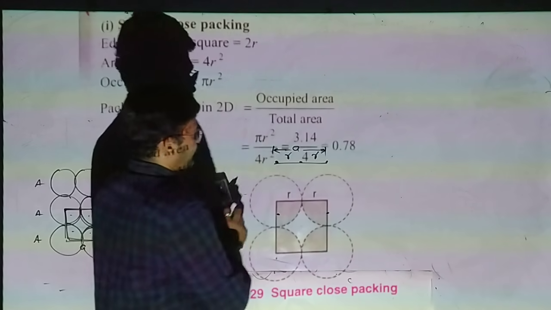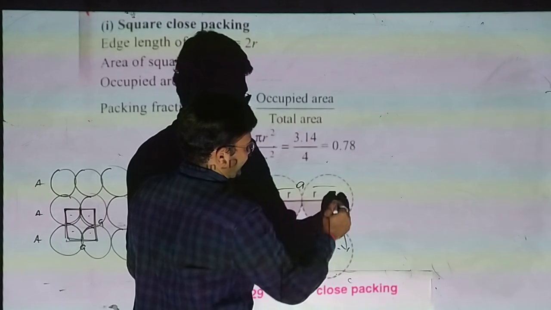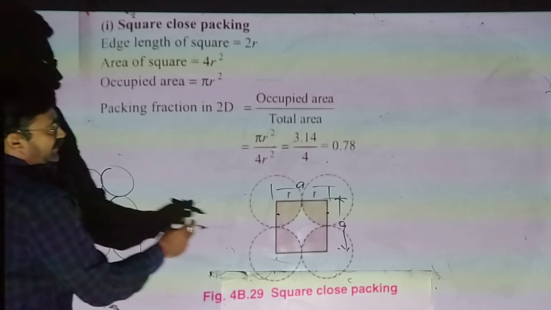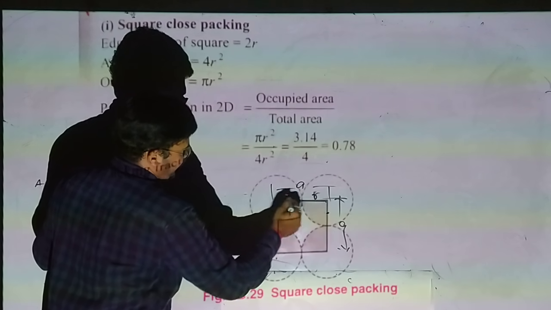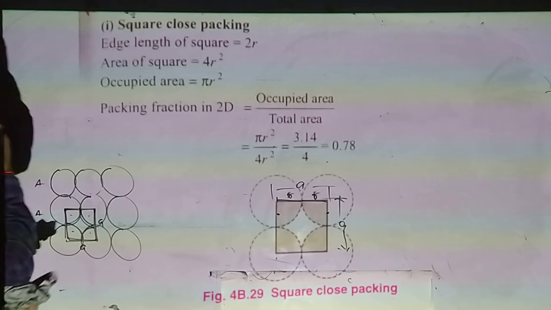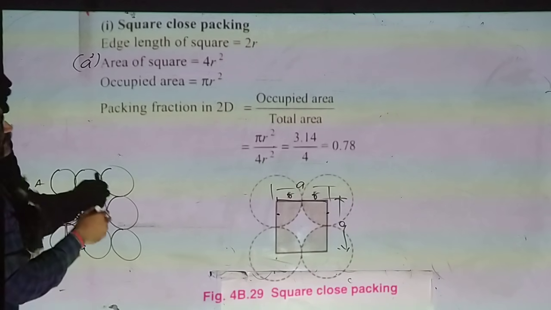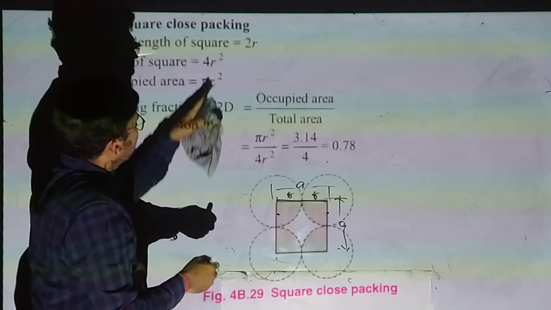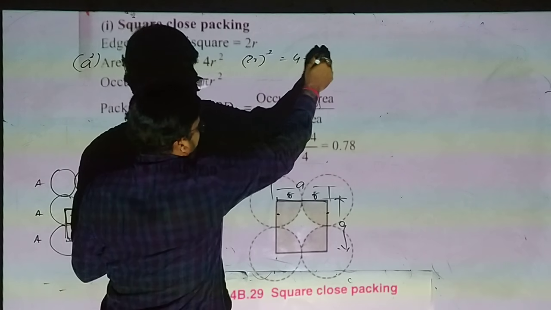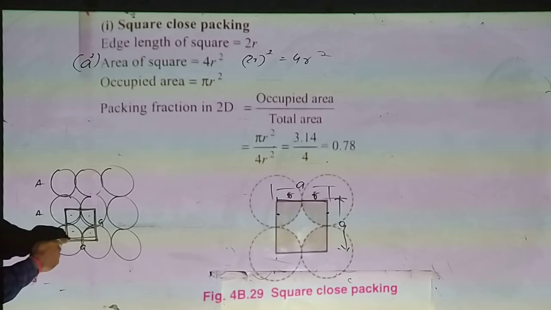In the square, length and breadth give the area. So area is a square. Edge length is clear, radius r, so a is equal to 2r. So area of the square is a squared, so 2r squared means 4r squared. That is the area of this square.